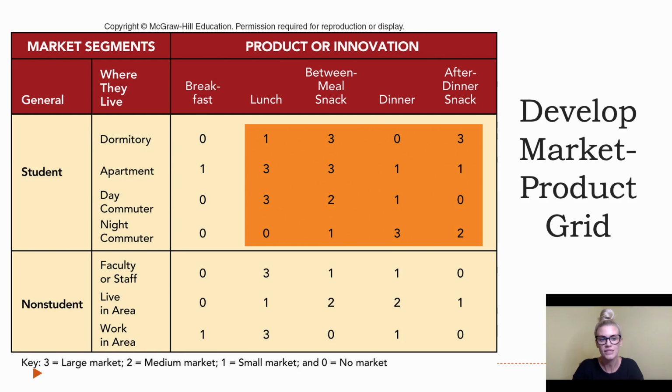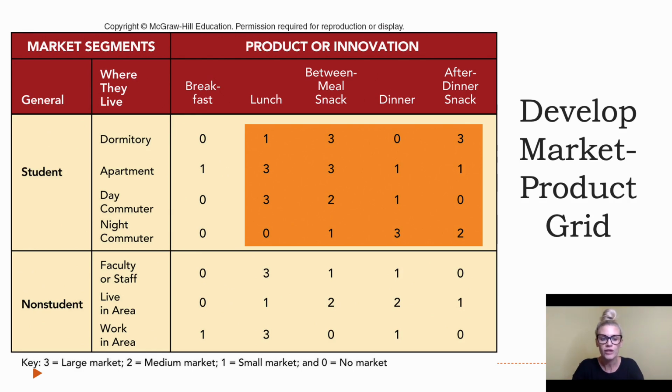So this is our segmentation of consumers, our market segments. And then we look at how our products are grouped together. So here, remember I told you a really easy way to segment food products is based on the eating occasion. So we have grouped the food products based on breakfast, lunch, snacks, dinner, and then after dinner snacks.